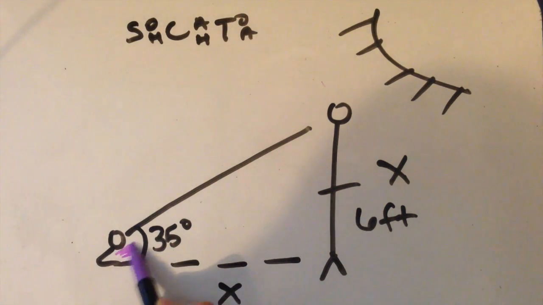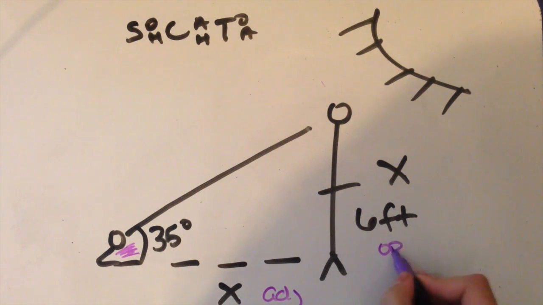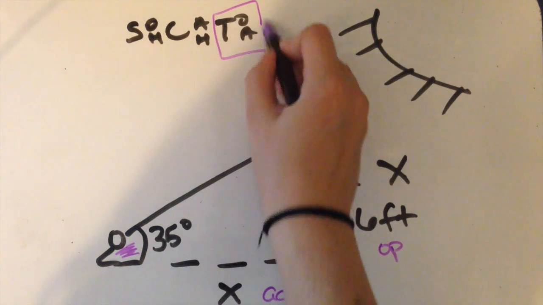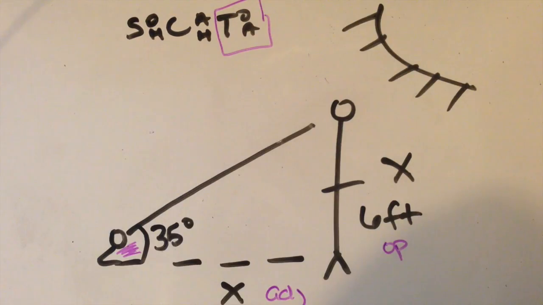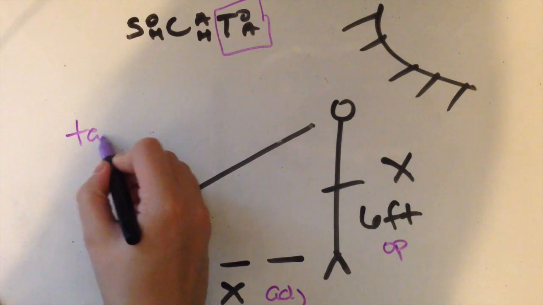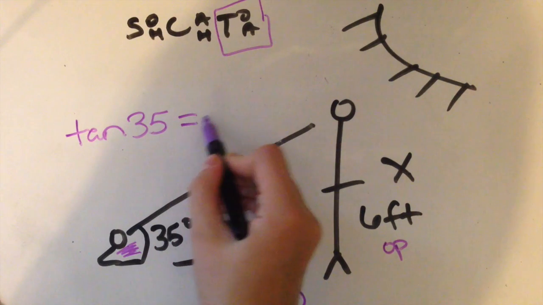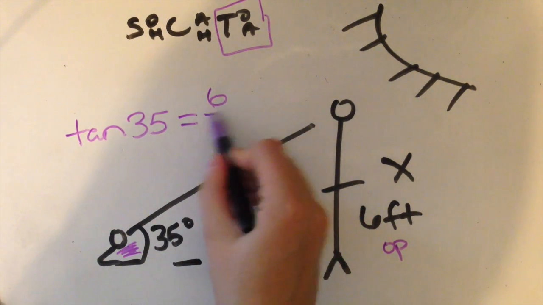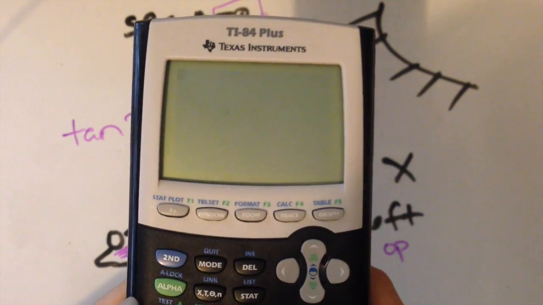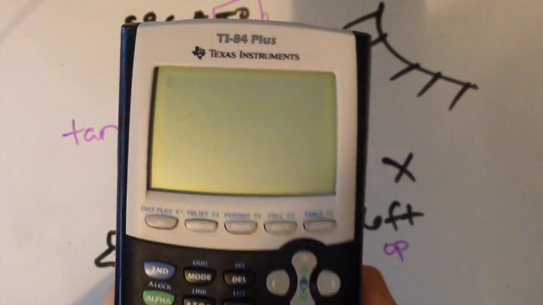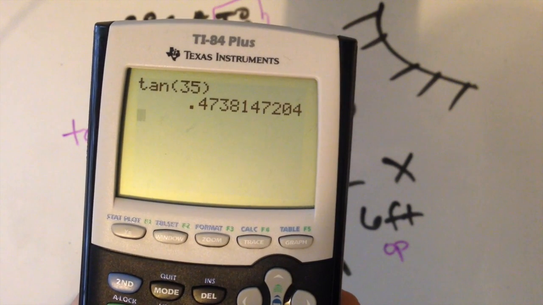Because this is our angle, and we know that this is the adjacent side and this is the opposite side, we are going to be using tangent, which means when we set up the equation to try and figure out the shadow, we are going to have tangent of 35, because that's our degrees, is equal to opposite, which is 6 feet, over x. And that's what we're trying to find out, the shadow length. When you do the math in the calculator, tangent of 35 is equal to 0.47.